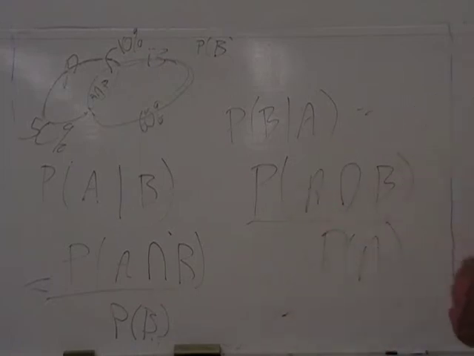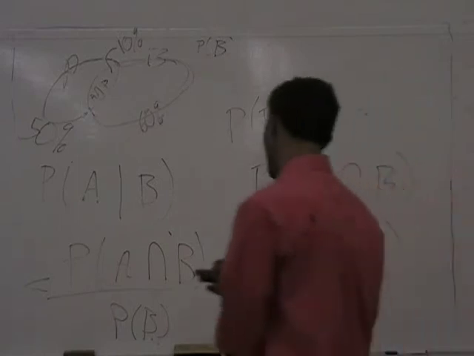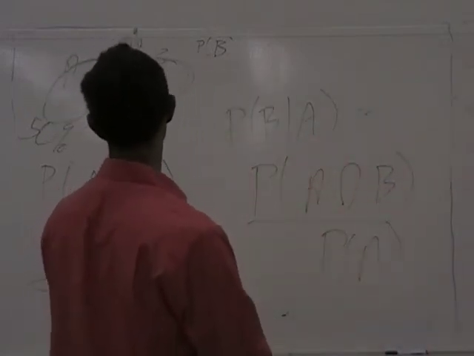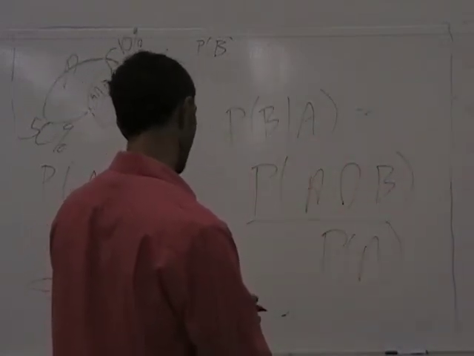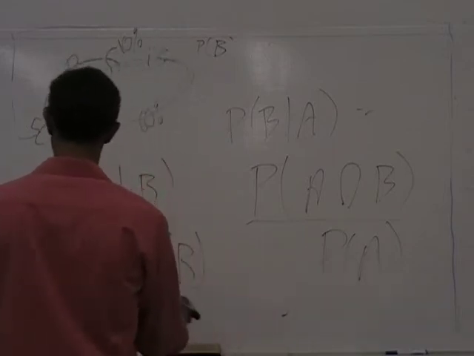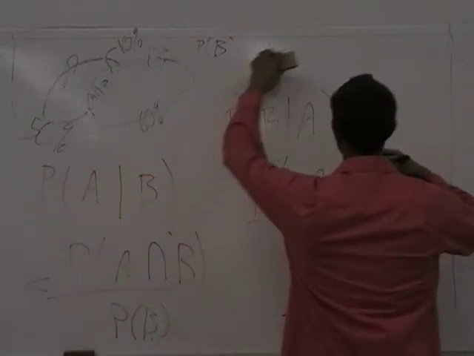It's just the denominator. Then how do we mess around with that?